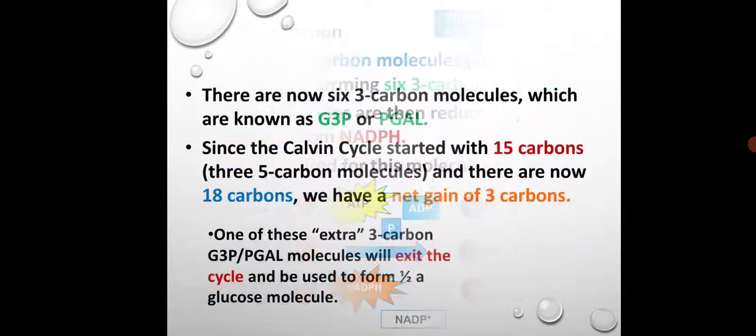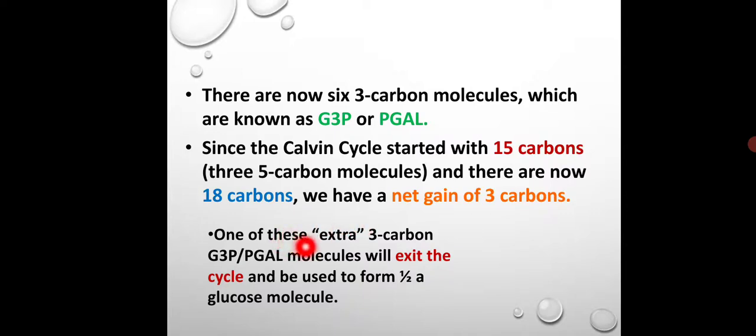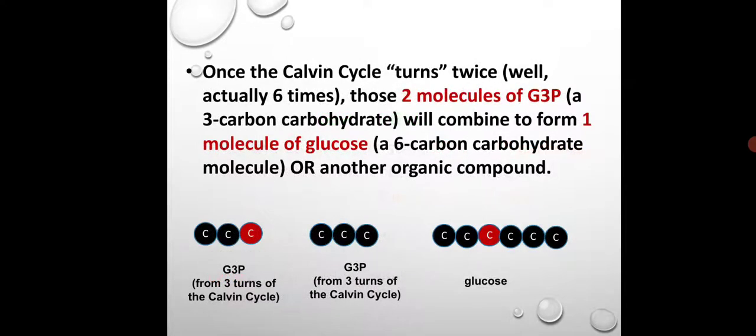Okay, 3 carbons have been added. So what happened, one of this extra 3 carbon PGAL, एक जो फॉस्फोग्लिसरल्डिहाइड है, ये एग्जिट हो जाता है और यूज किया जाता है टू फॉर्म हाफ ग्लूकोज मॉलिक्यूल. हाफ ग्लूकोज मॉलिक्यूल मीन्स व्हाट, we know that glucose is a 6 carbon compound, लेकिन यहाँ पर जो ये PGAL फॉस्फोग्लिसरल्डिहाइड, it just gives a 3 carbon compound. फिर से साइकिल रन होती है, फिर सेकेंड बार हाफ फॉस्फोग्लिसरल्डिहाइड कंबाइन होता है. So 3 + 3 it gives 6 carbon glucose molecule.